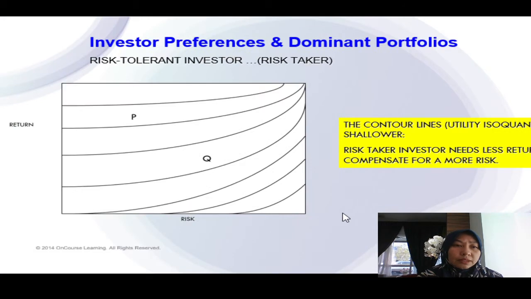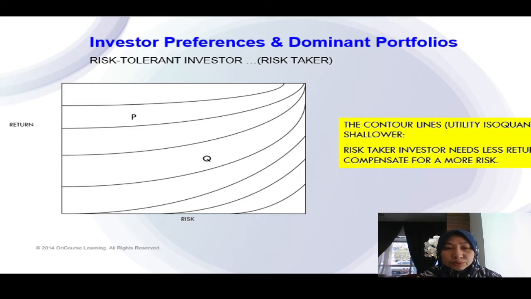And then there is the risk tolerant investor, or risk taker. Basically, they can tolerate risk. That's why we can see here high returns, and the graph is more towards the right, meaning that they can incur high risk to expect a high return.